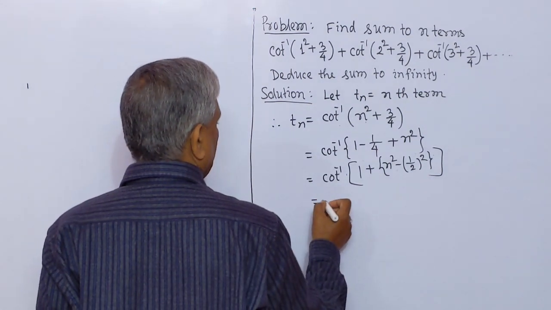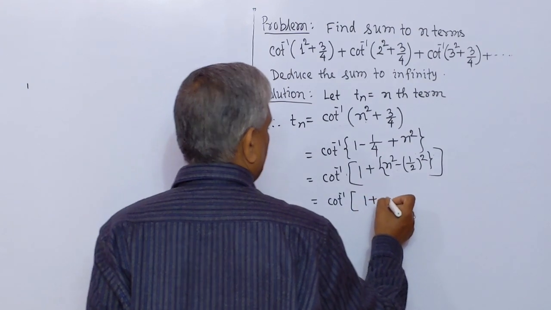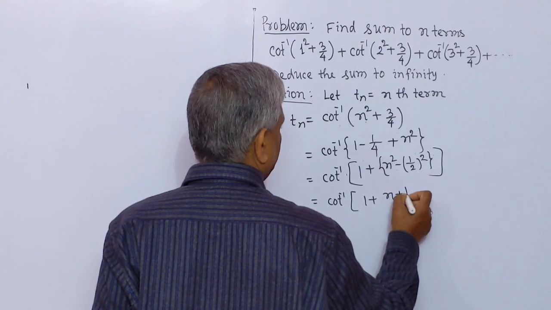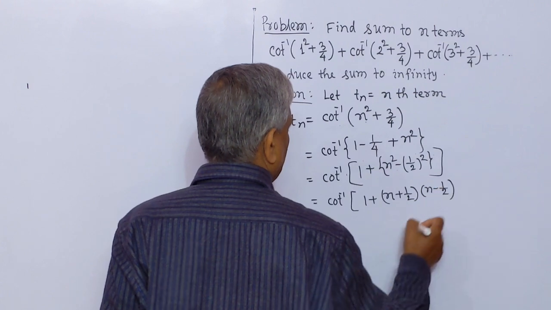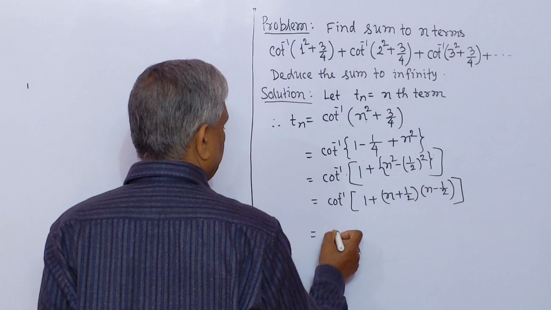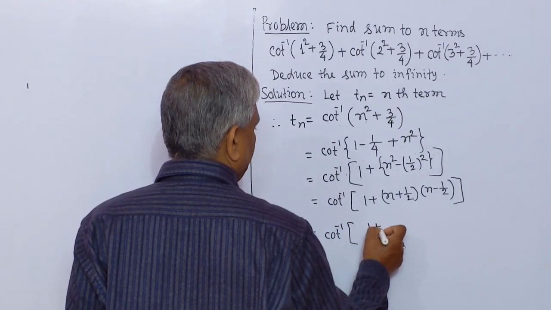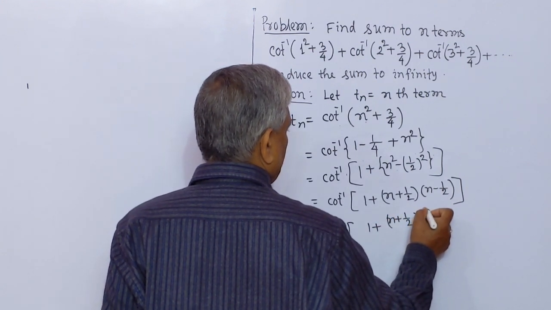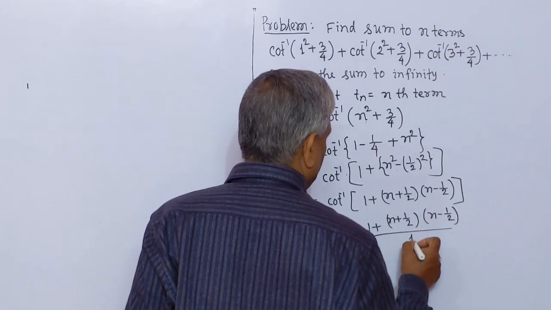And this equal to cot inverse 1 plus, here a square minus b square, (n plus half)(n minus half). This equal to cot inverse 1 plus (n plus half)(n minus half) by 1.